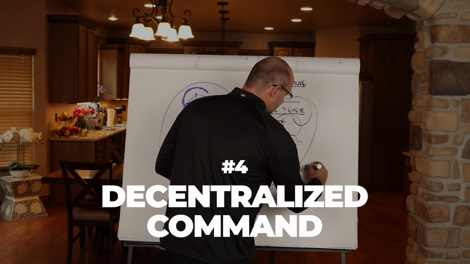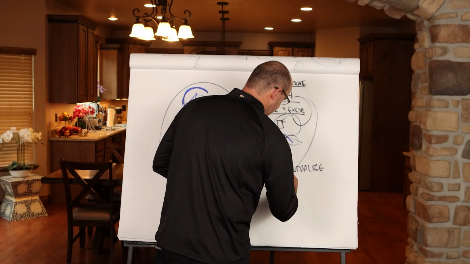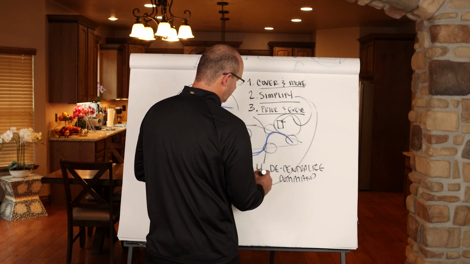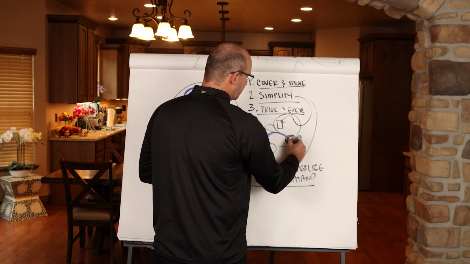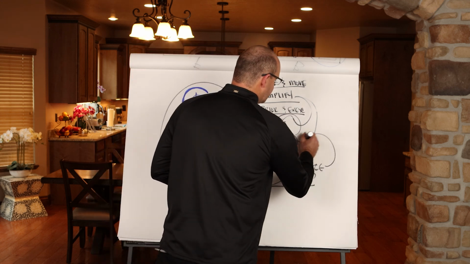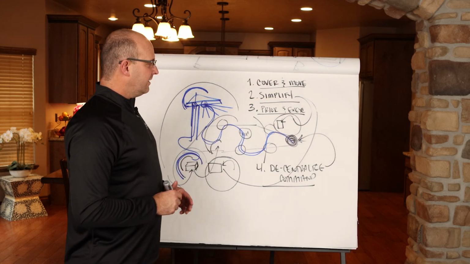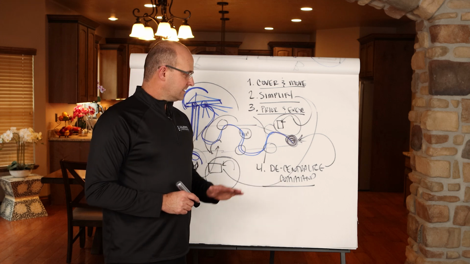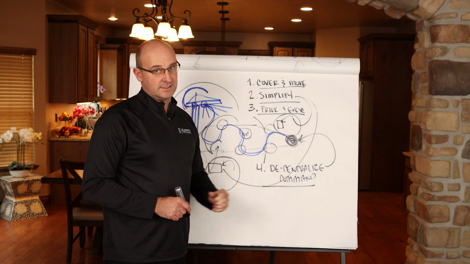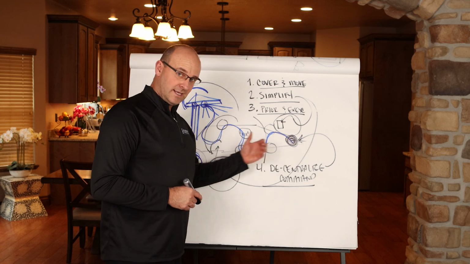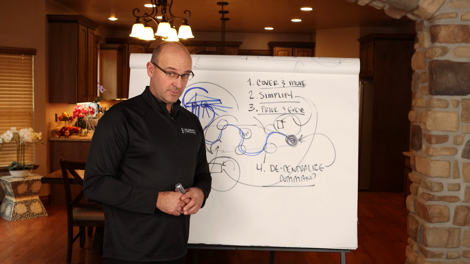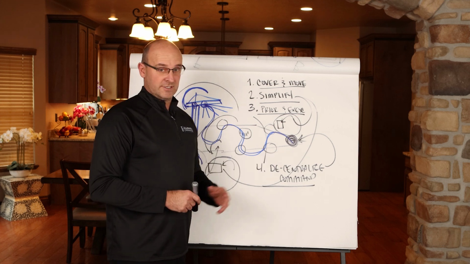So when you decentralize command, that means that not only did the people in these crews come up with the plan with you, not only do they have buy-in, not only do they know what the plan is, but they feel empowerment and a sense of accountability to accomplish that within their sphere, not as a separate crew, but as an aligned crew that is working together to optimize the entire project, not sub-optimized for their own work.